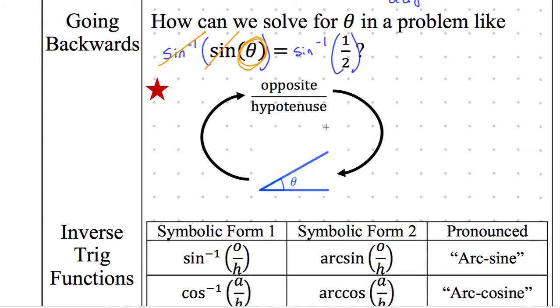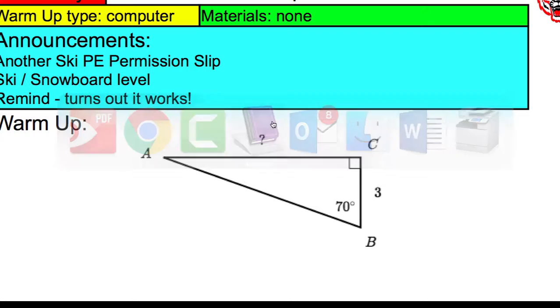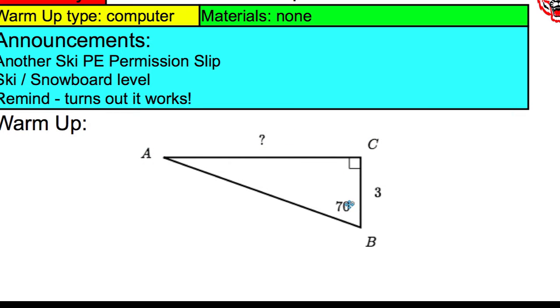This is something that we've done already. If I take the opposite over hypotenuse, so let's actually say I have an angle. We know how to do this. If I have an angle and I take sine of that function, it will tell me what the, I keep saying this so backwards. Before, for our warm-up, we had this angle, and then we were trying to figure out what these ratios were.